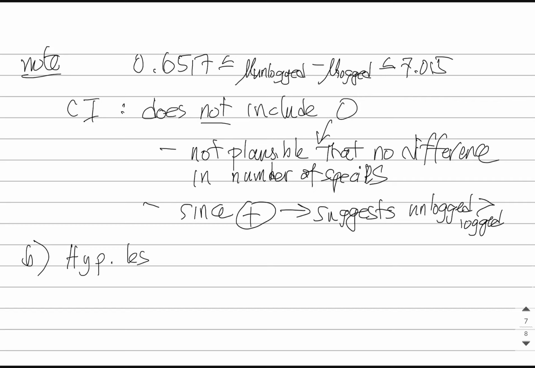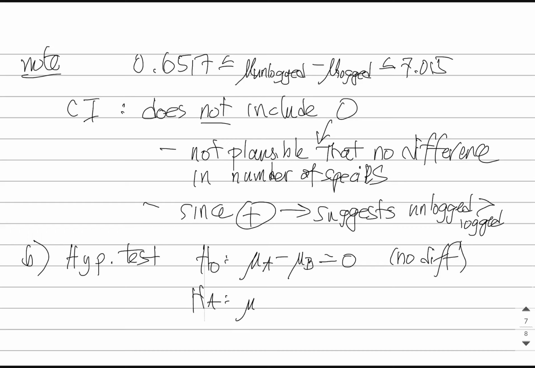Now, if we want to perform a hypothesis test, we have to state the null and alternatives, right? So the null is the no difference, that unlogged minus logged is 0, so no difference. Whereas the alternative is what we suspect is the case. We suspect that unlogged minus logged should end up being positive.